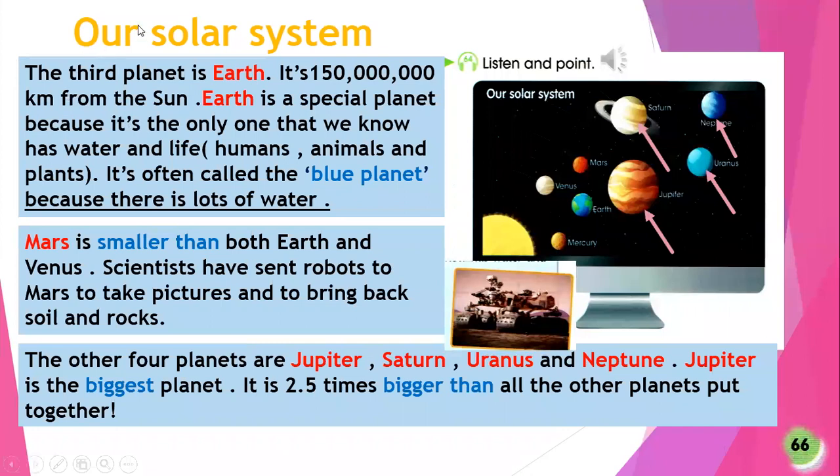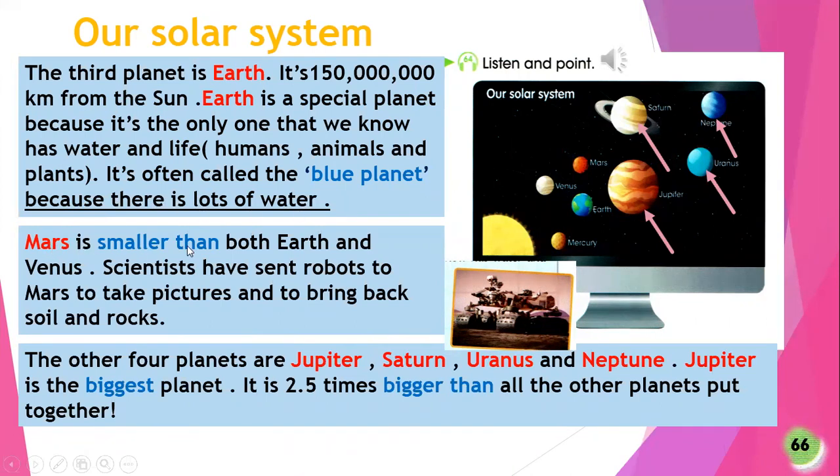Now we will read again the paragraph. The third planet is Earth. It's 150 million kilometers from the Sun. Earth is a special planet because it's the only one that we know has water and life, humans, animals, and plants. It's often called the blue planet because there is lots of water.